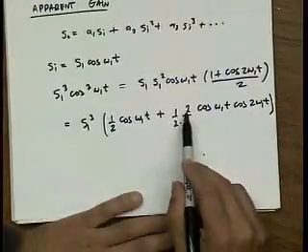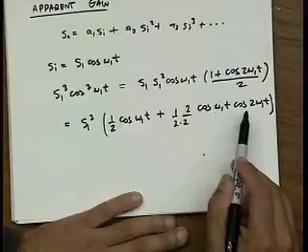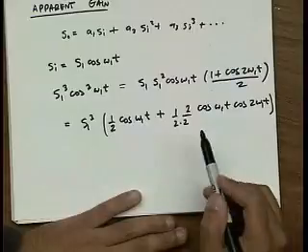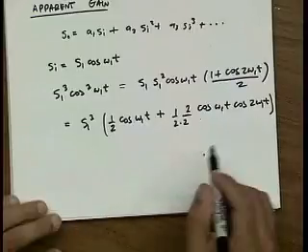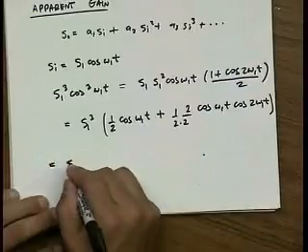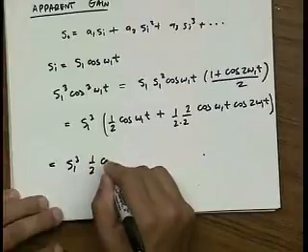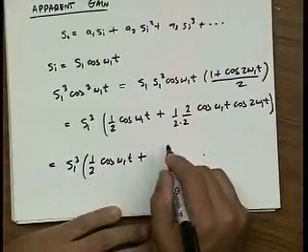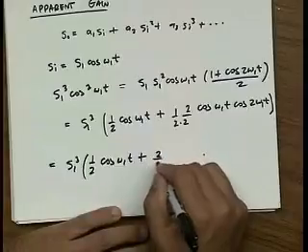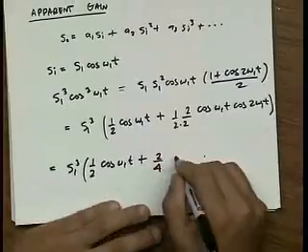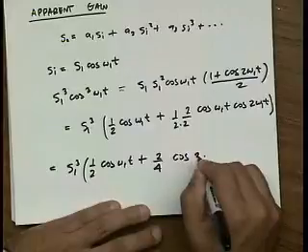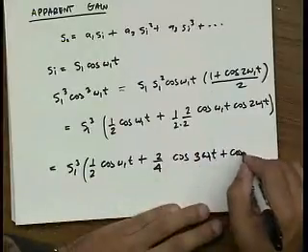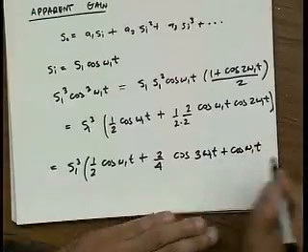And I know that 2 cosine alpha 2 cosine beta is cosine alpha plus beta plus cosine alpha minus beta. So let me write that out. So I get 2 over 4. The sum frequency is cosine 3 omega 1t, and the difference frequency is cosine omega 1t.